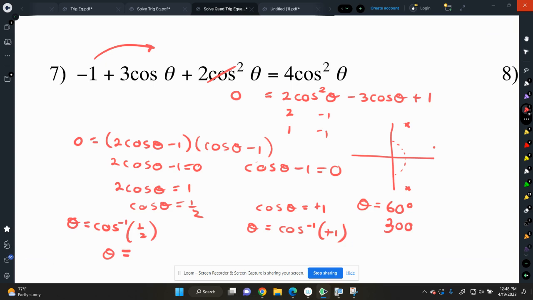And then where is a cosine positive 1? Right here at 0. Now on the quiz, did we include 360 or just the 0? Just the 0. Okay, so that's our answer. 0 degrees, 60 degrees, and 300 degrees.